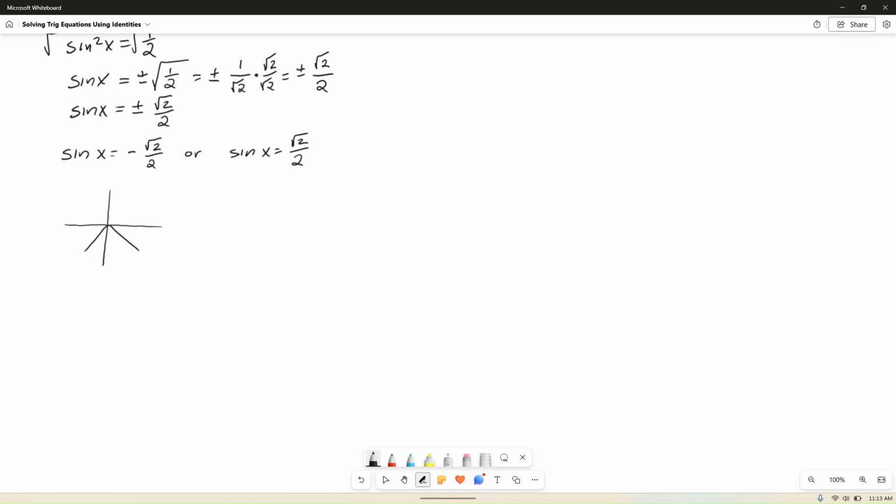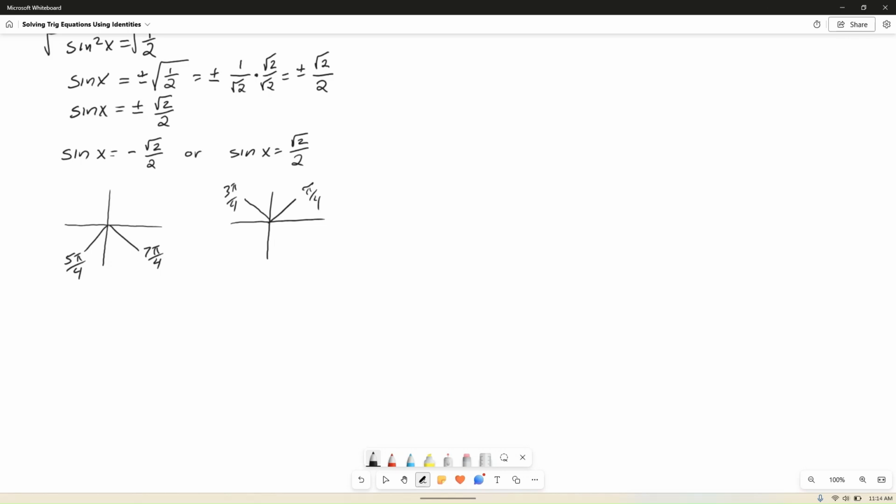They have to be at pi over 4 angles, so that means we're looking at 5 pi over 4 and 7 pi over 4. And if we switch over and look at the other equation, sine x is equal to a positive square root of 2 over 2, that's, again, the same thing, but now sine is positive, so that's in the first and second. So that's at pi over 4 and 3 pi over 4.